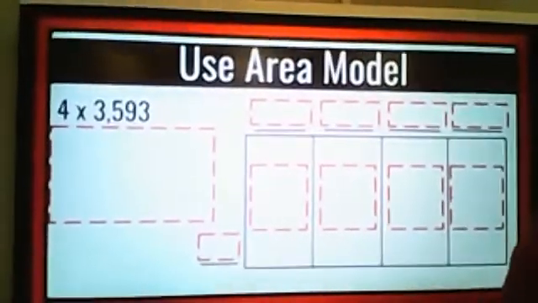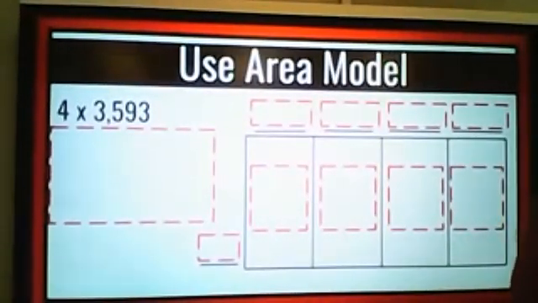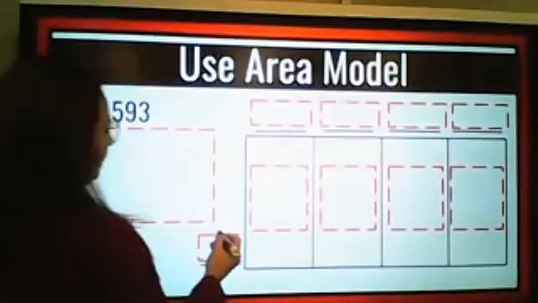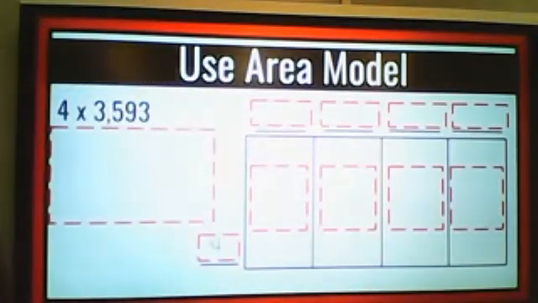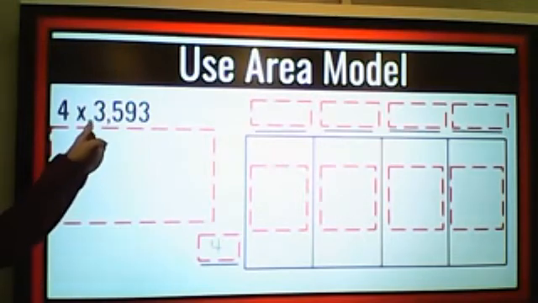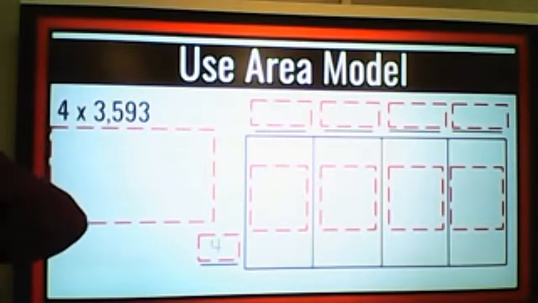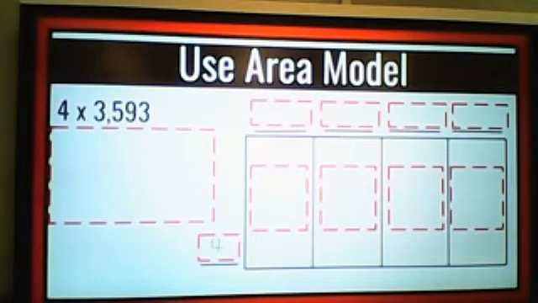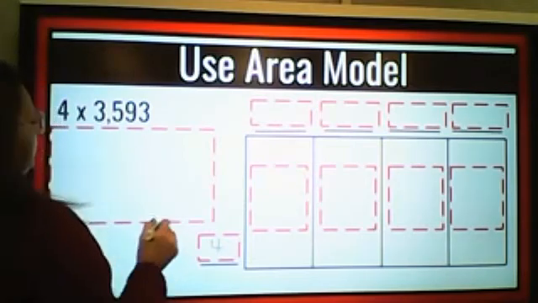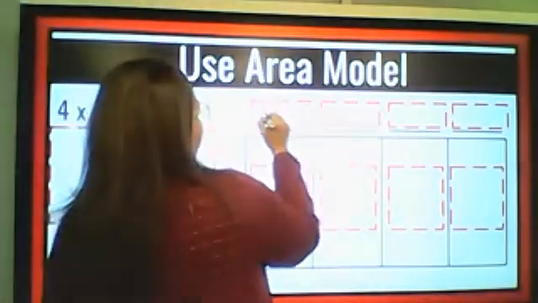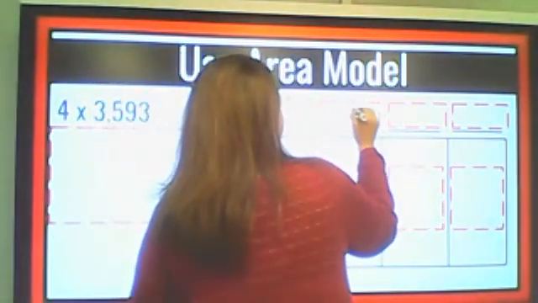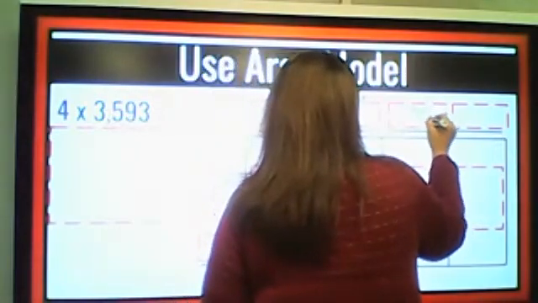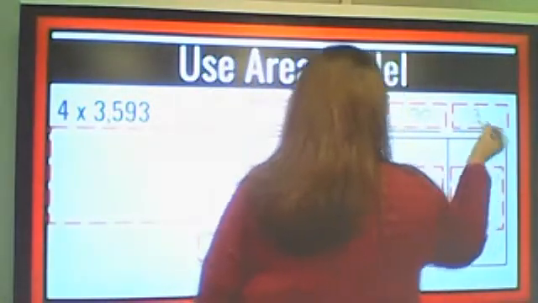All right, I'm going to show you one more example using an area model. So I'm multiplying 4. Everybody good so far? Times 3,593. So I'm going to break apart 3,593 into 3,000 plus 500 plus 90 plus 3.